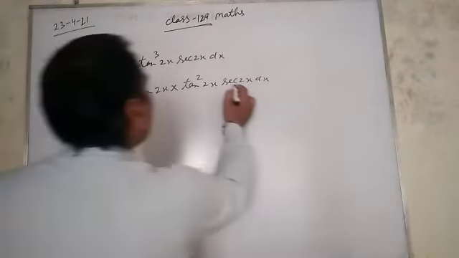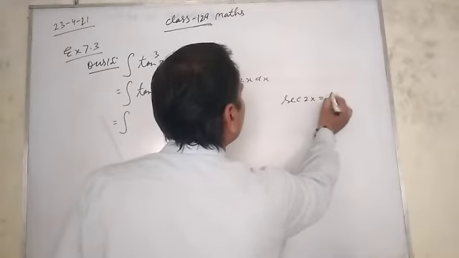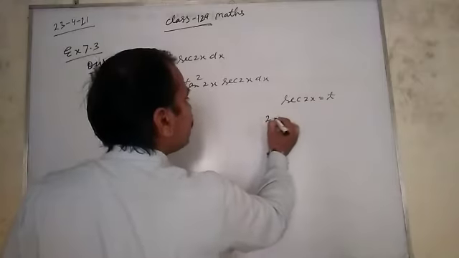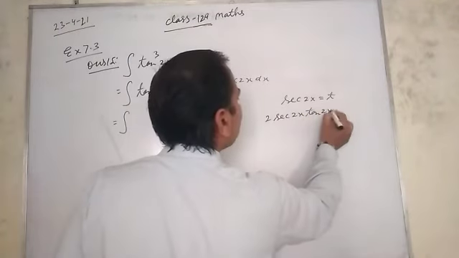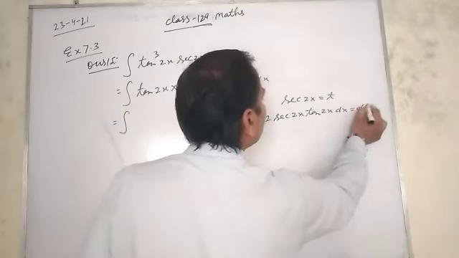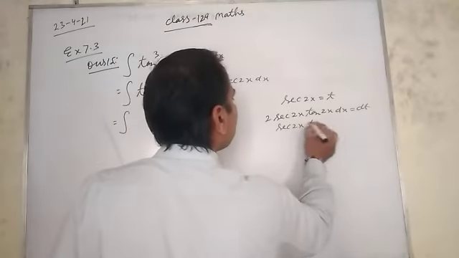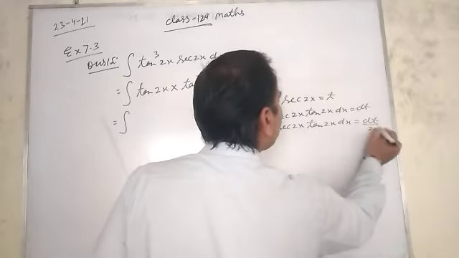So here suppose sec 2x is equal to t. Differentiating, 2 sec 2x tan 2x dx is equal to dt. So sec 2x tan 2x dx is equal to dt by 2.